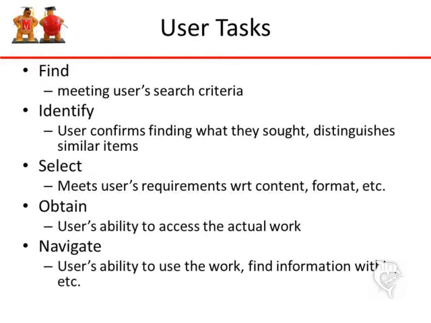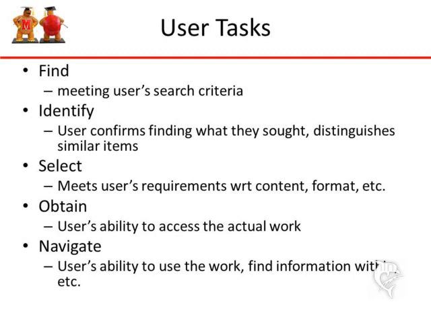So the FRBR conceptual model starts out, easing us in, by reminding us that there are certain tasks that users partake in their quest to fulfill their information needs. Those tasks can include finding things that meet their search criteria, identifying resources so that the user can confirm that they found what they sought, and distinguishing similar items and telling what the difference is between them.